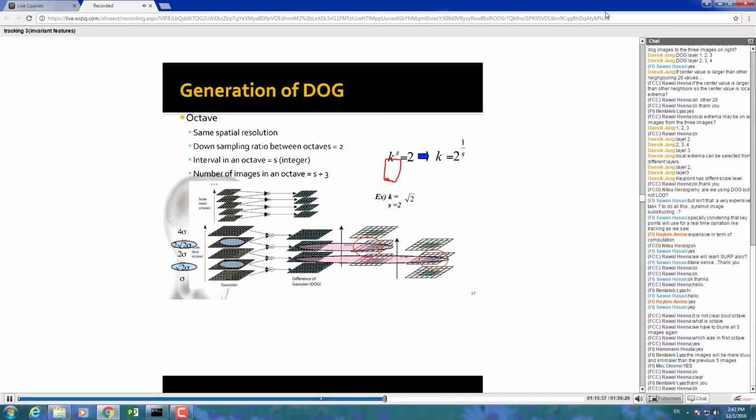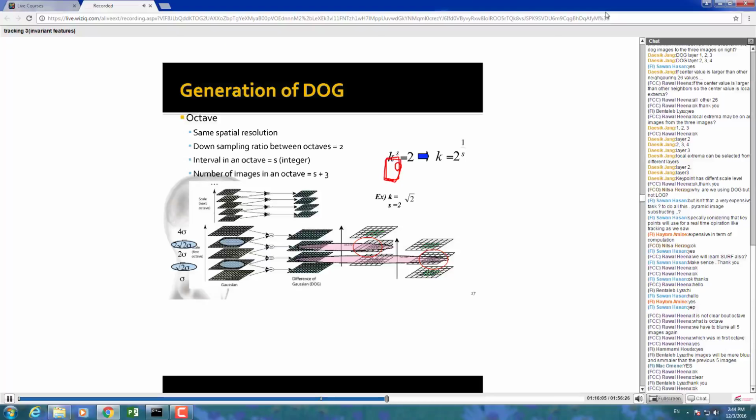For the first Gaussian image, we are using K power 0, with S equal to 0, so it is just sigma. When S is 1, the next Gaussian is K sigma. Then K square, K power 3. In this way, S is increasing.